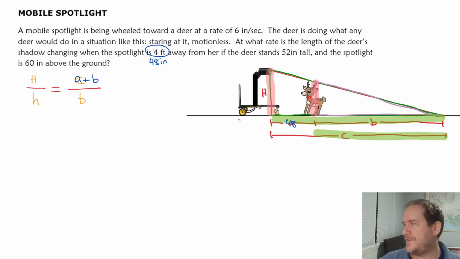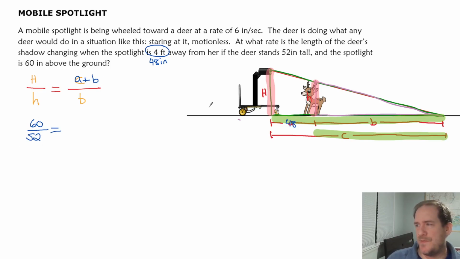So since H is constant, we can substitute in for H even before we take the derivative. And we were given that the height is 60 inches above the ground, so in goes a 60. Now the deer is just standing still, so of course its height is not changing. Little h is not changing, and that was given to be 52. So there's our first ratio.